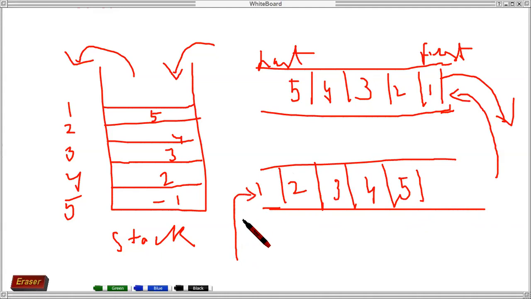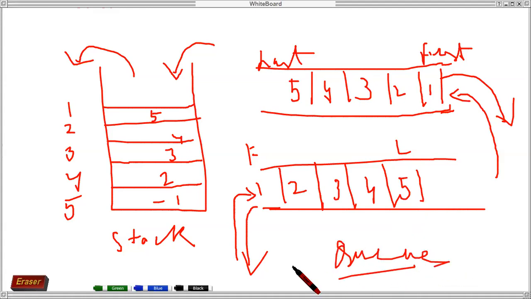So if I have to come out first, then this end, this becomes the first and this becomes the last. This is the advantage of the queue, that in the queue you have both the open ends. Whichever way you can insert, and whichever way you can bring it out.